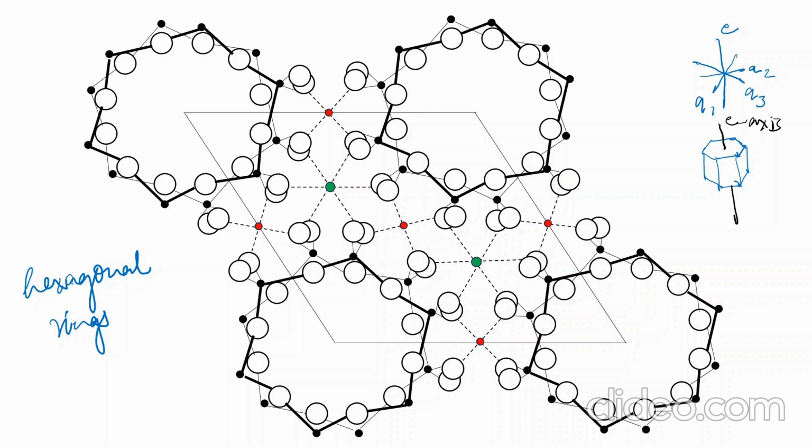Now within the rings, two of the oxygen atoms in each silica tetrahedron, that is each SiO4 group, are shared by SiO4 groups on either side. So they have a metasilicate ratio.